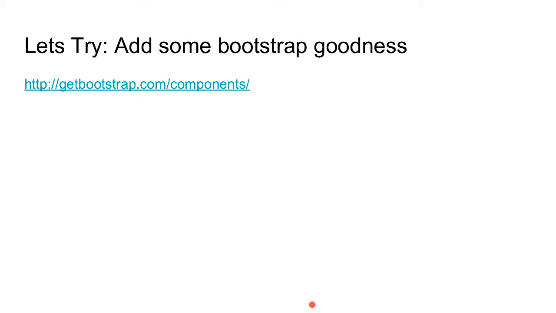So in this, we're going to add some Bootstrap goodness. Bootstrap is a CSS framework put out by Twitter, and it makes a lot of those rounded buttons and nice kind of styles that you would be familiar with. Perhaps you didn't know they were using Bootstrap there. So let's start screen sharing, and I'll explain all that to you.